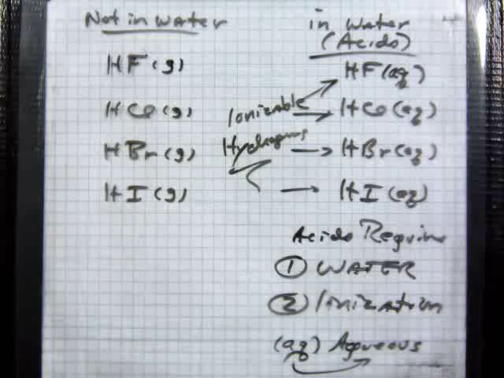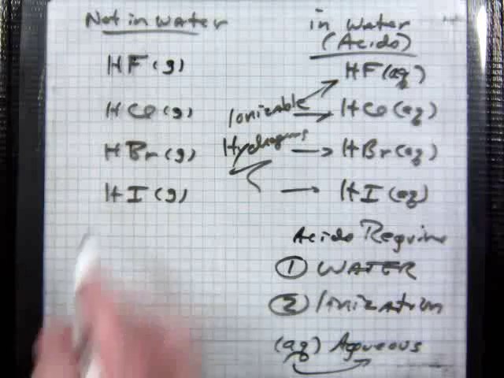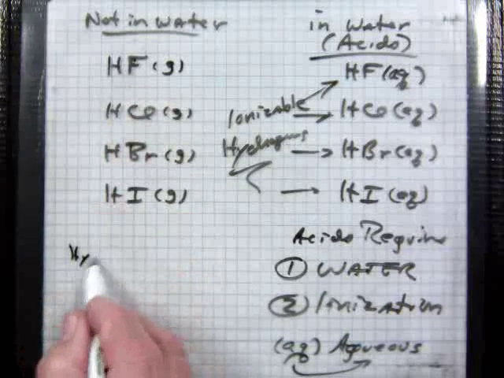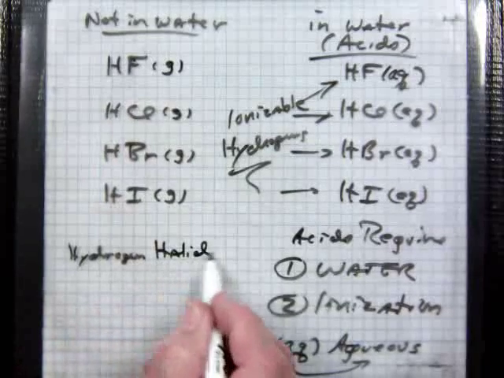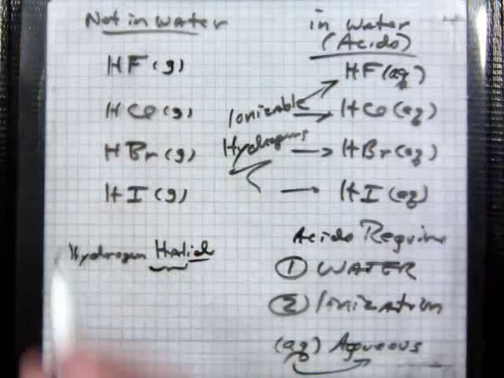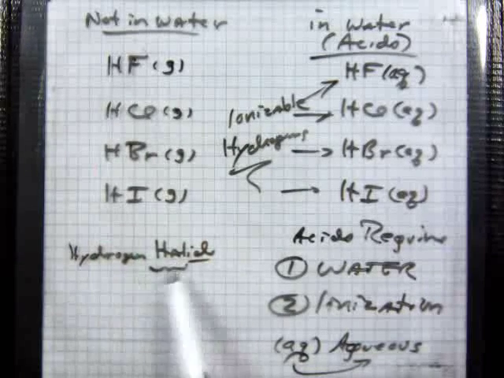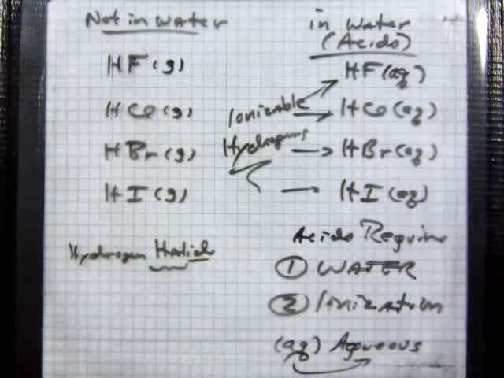Now, if it's in water, it is a hydrogen halide. Halide right here is hydrogen fluoride, hydrogen chloride, hydrogen bromide, hydrogen iodide. See what I'm giving you the relationship on?